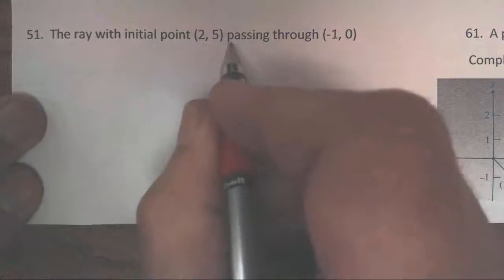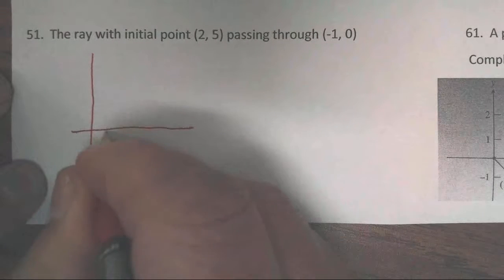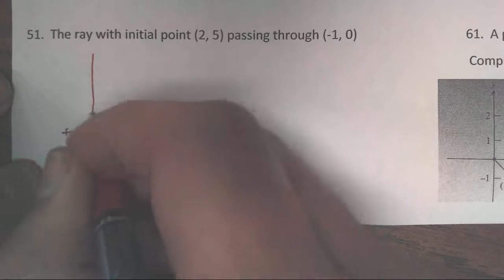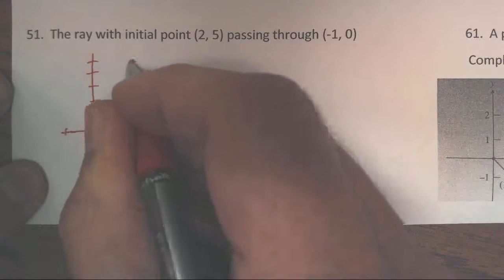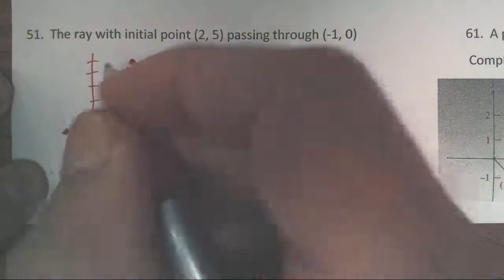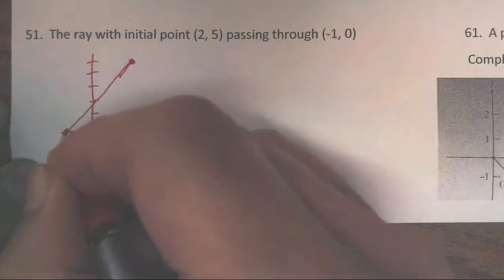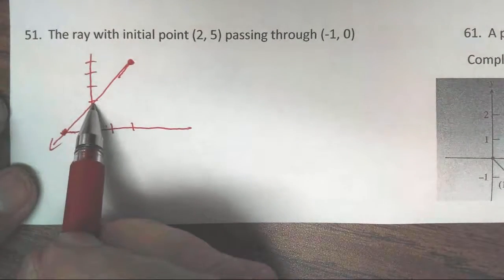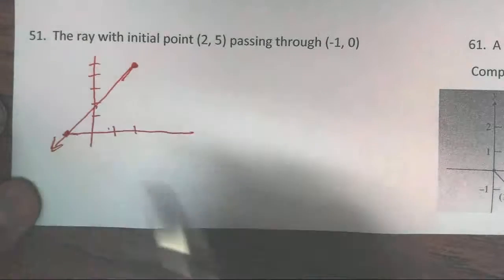Okay, we need a ray that starts at 2, 5 and passes through negative 1, 0. So my ray looks like something like this. Don't bet on that necessarily being the y-intercept. This isn't to scale. So this is what my ray looks like.